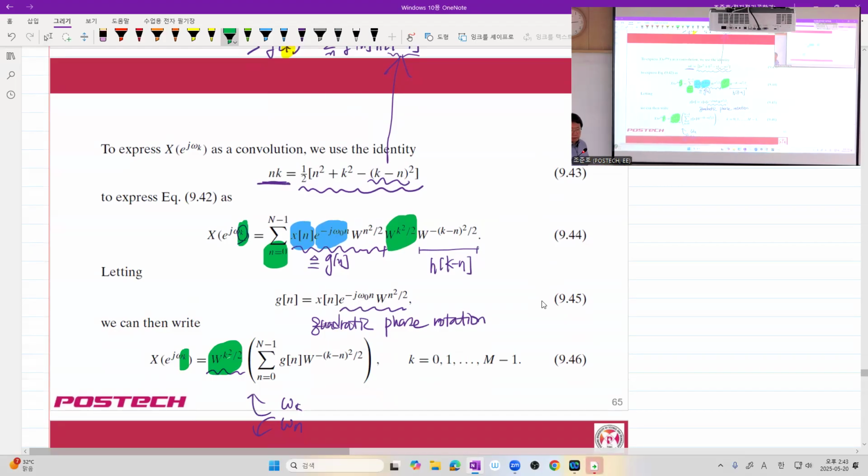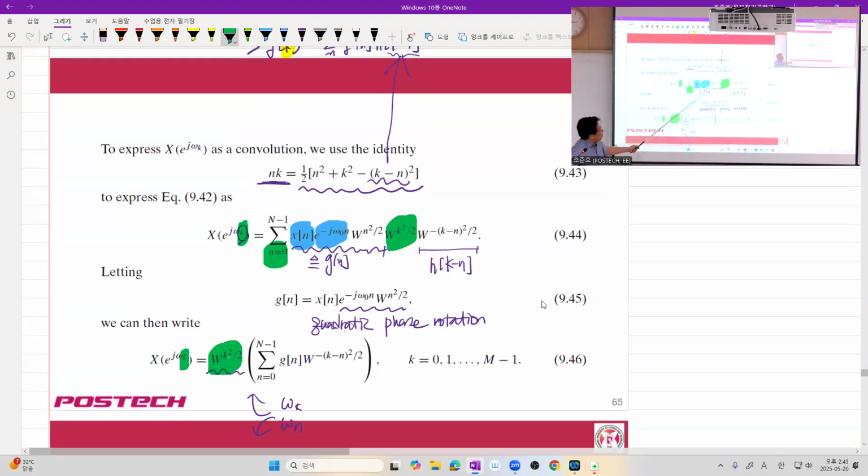Got it? And now, since it has n squared, the original algorithm, probably Bluestein's algorithm, was to compute the chirp transform.